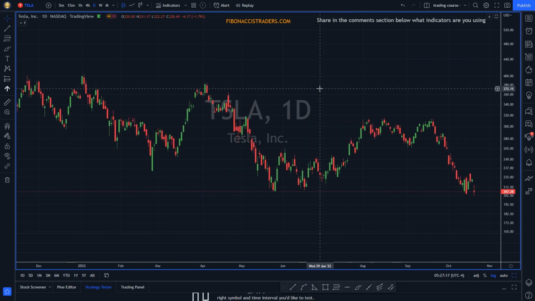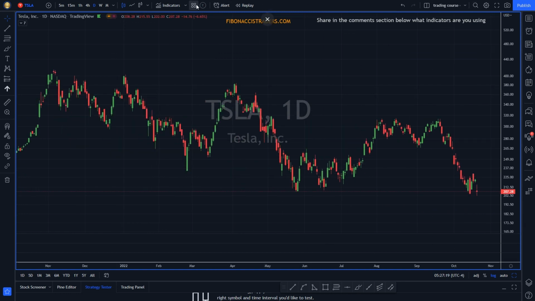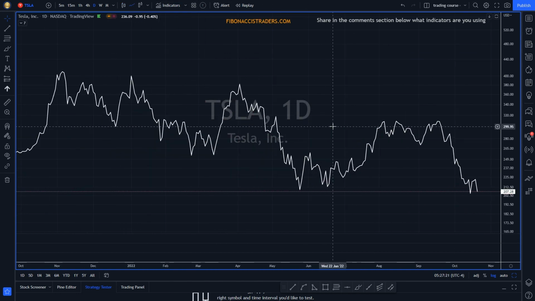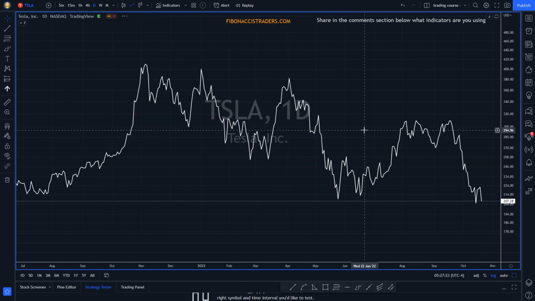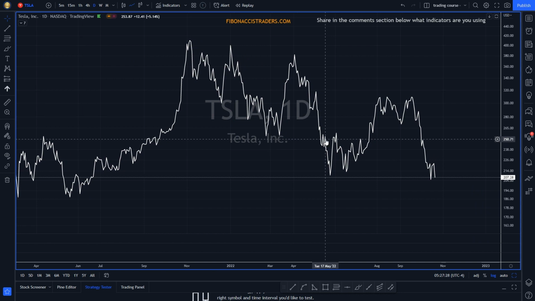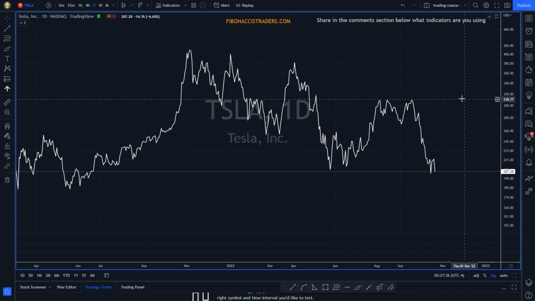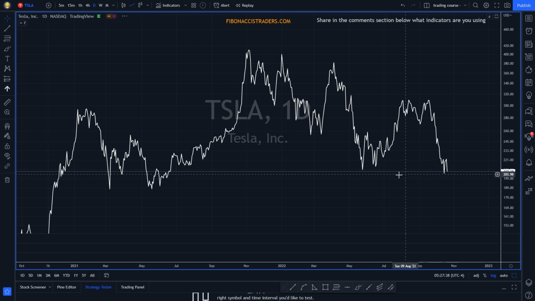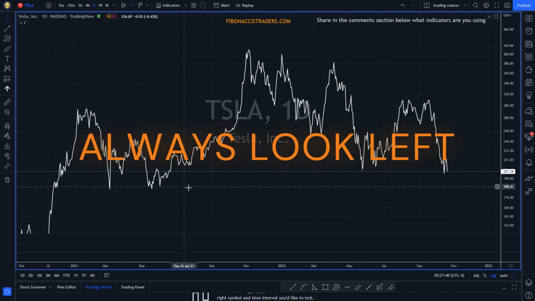Now we have candles, but before candles we have this one. And now we can clearly identify areas of support, areas of resistance, and plan our strategy. How do we do it? I can go and check left. Always look left.